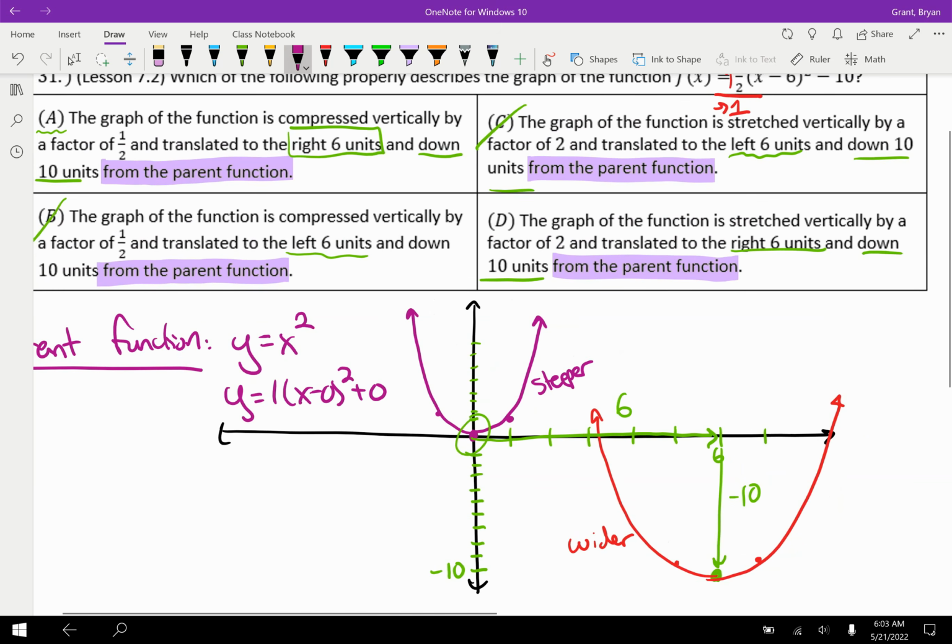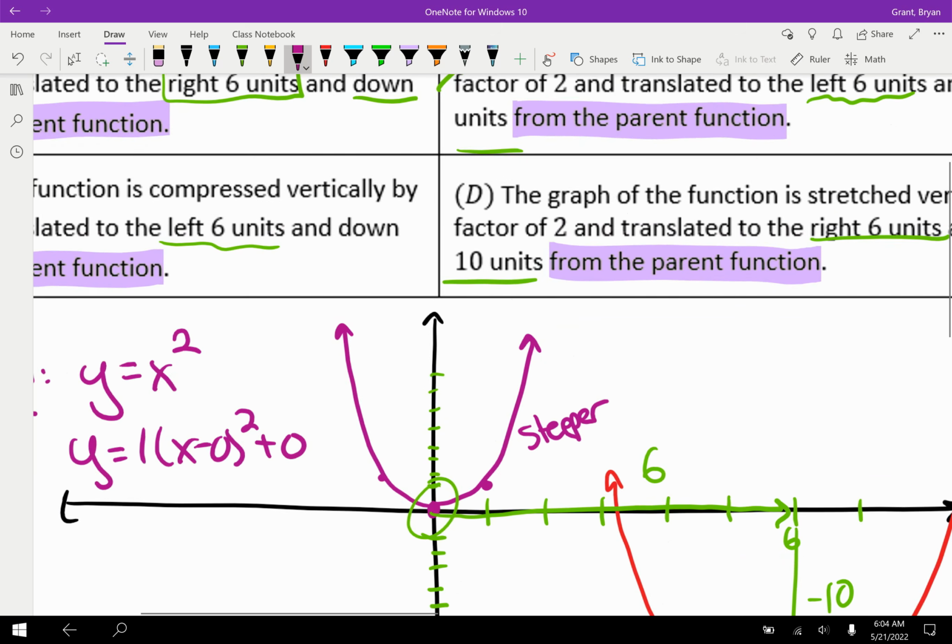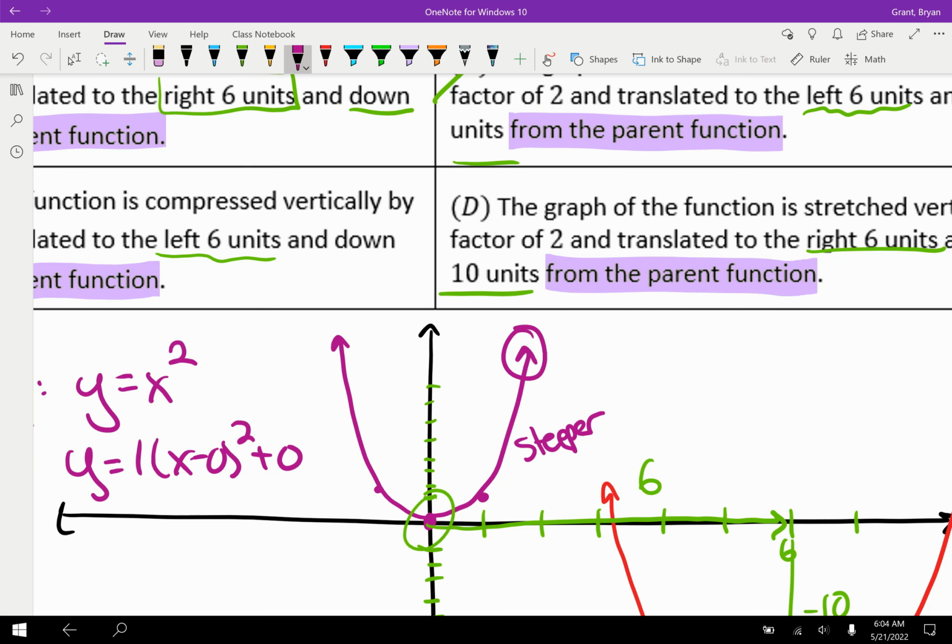Now, the terminology used here is stretched vertically versus compressed vertically. Stretched vertically would be if I took this purple graph, grabbed hold of the end of it, and stretched it up. If you pulled it straight up, my graph is going to get skinnier and taller.